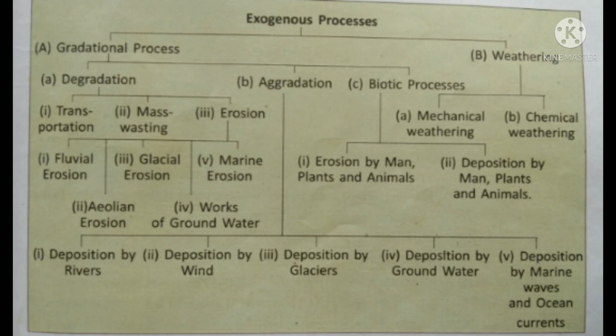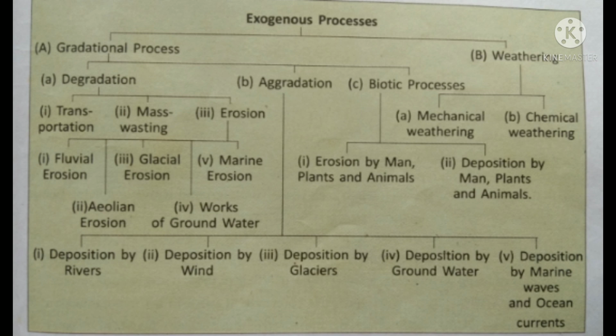We can see that the gradational process works through degradation as well as aggradation, and there is another process, called the biotic processes. Later I will discuss that. Now the degradation process, further in the table, goes through many processes like erosion, mass wasting and transportation. So we need to know all these terms.